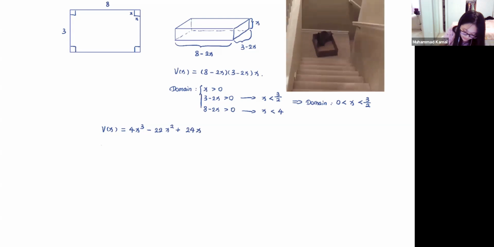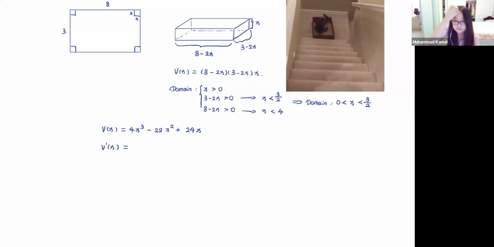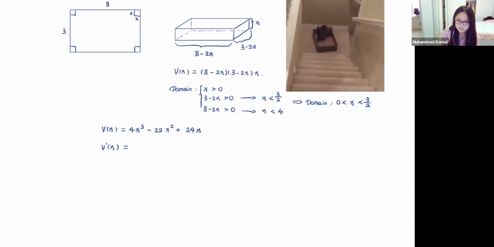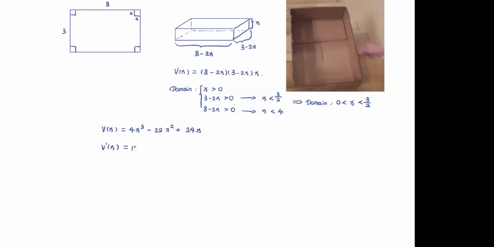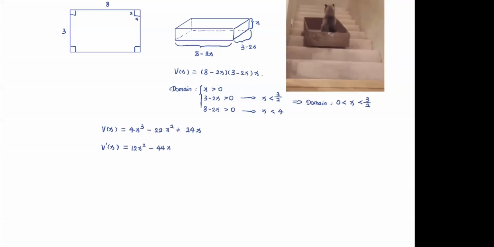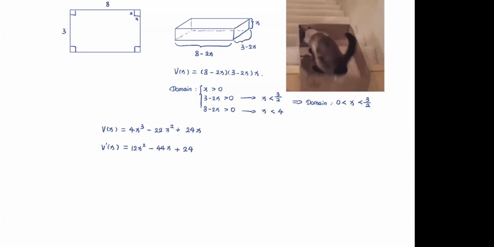So what's V prime of x? 12x squared minus 44x plus 24. Exactly. All right. Then what do we need to do?